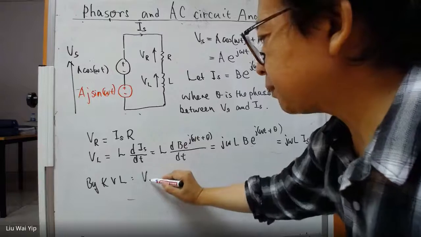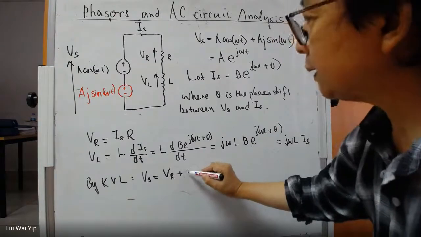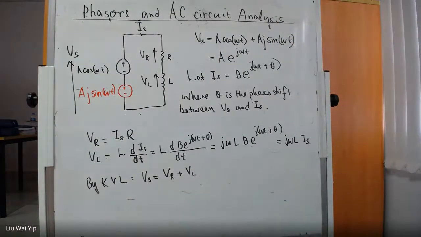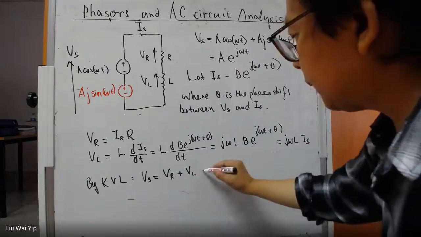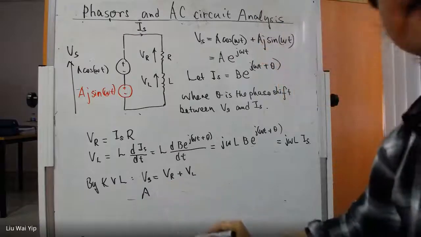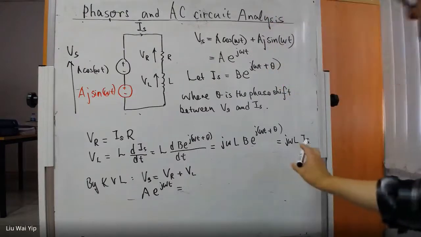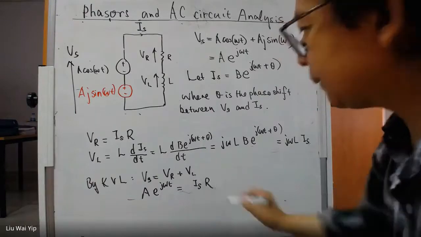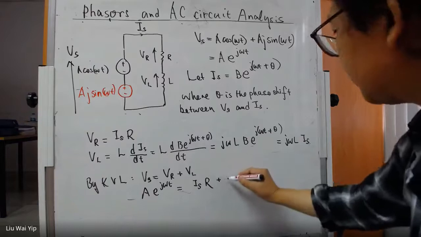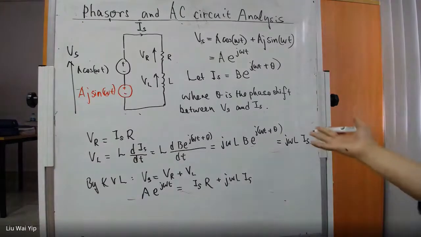Vs is going to be equal to VR plus VL. And for this reason, we can rest assured A e to the power j omega t is equal to these two guys, Is R plus j omega L Is. But hang on a minute.